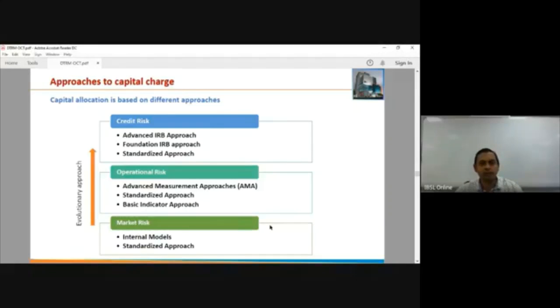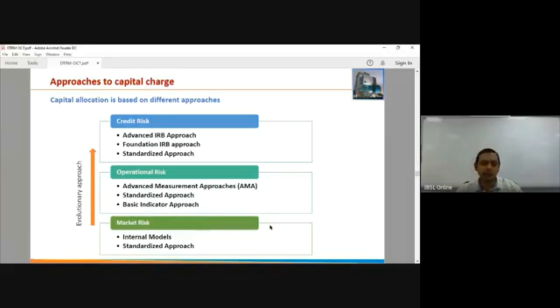For operational risk, most of our banks are still adopting the basic indicator approach, but the central bank has granted permission to some banks to move to the standardized approach. With regard to market risk, there are two models: standardized approach and internal models.